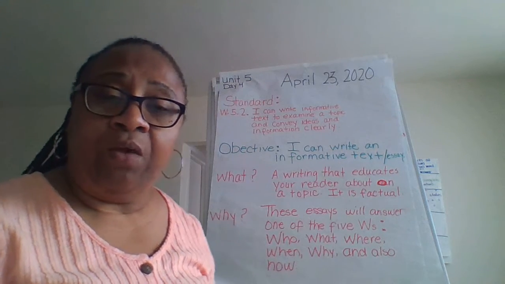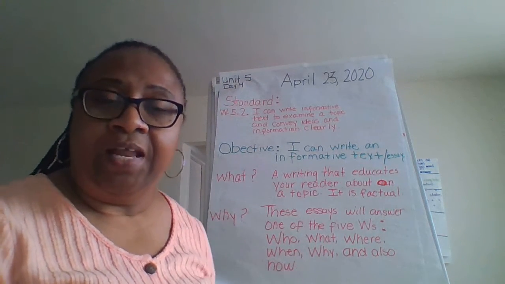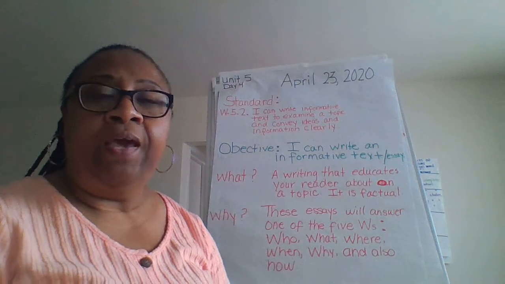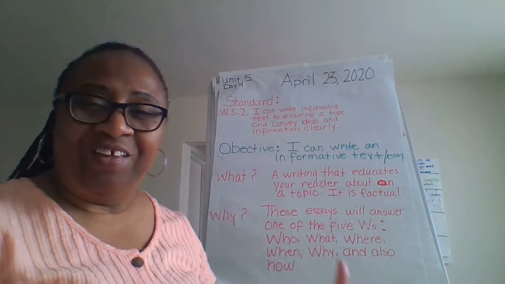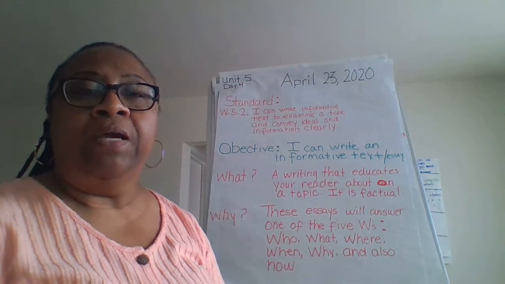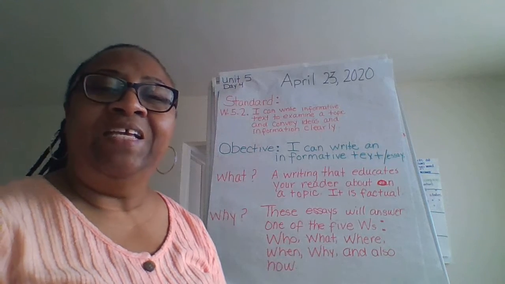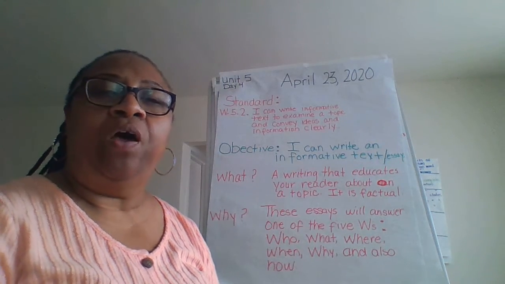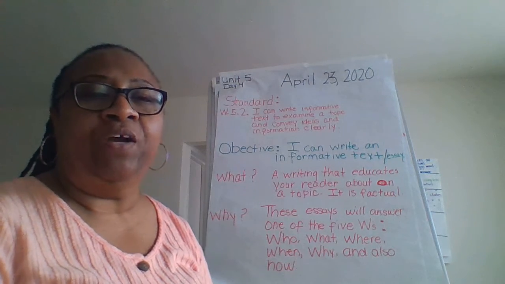This is something that we have studied in the classroom, so this will be more of a refresher for you, and hopefully it'll help you get going on those writing skills again. All right, so let's talk about what an informative text or essay is.